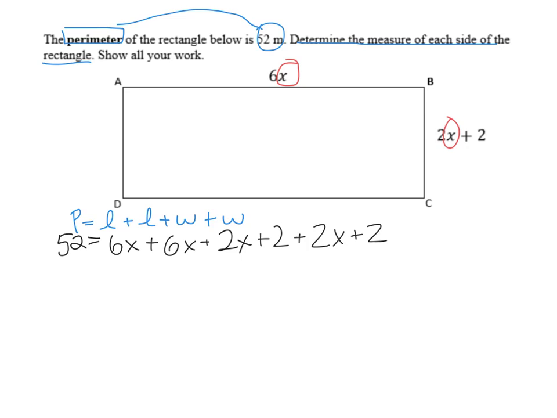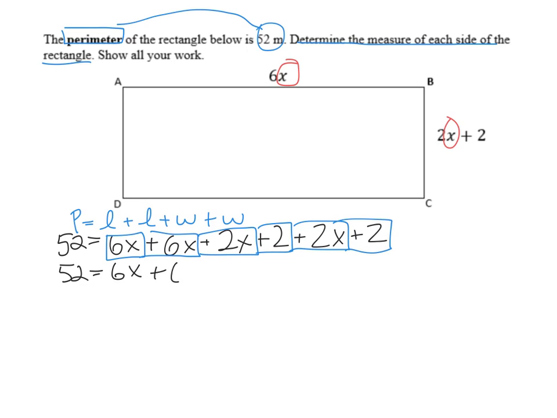To simplify, I'm going to follow my boxing strategy, putting boxes around the terms and their operators. And then I'm going to combine like terms, so I would write 52 equals 6x plus 6x plus 2x plus 2x, and I put my x's first because they have an exponent of 1, and I always put the variable with the highest exponent first.